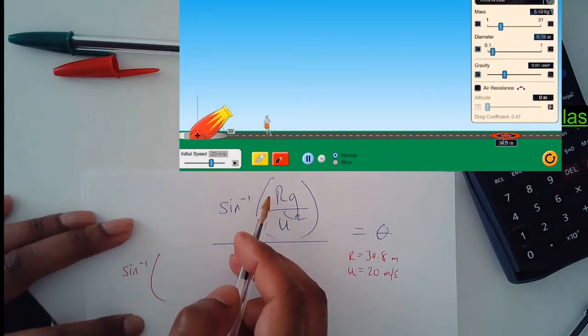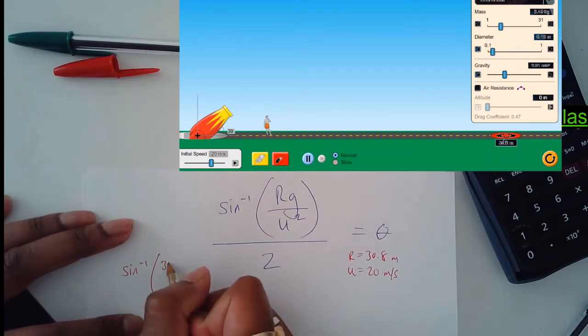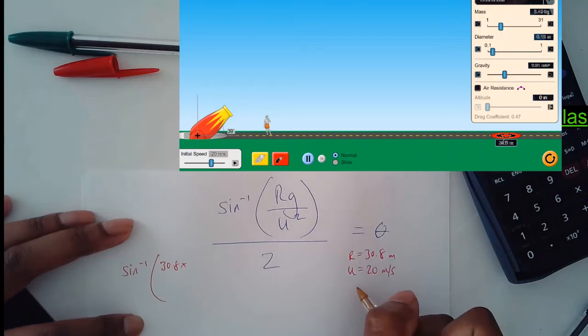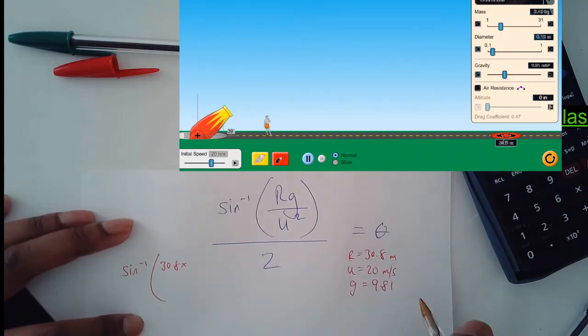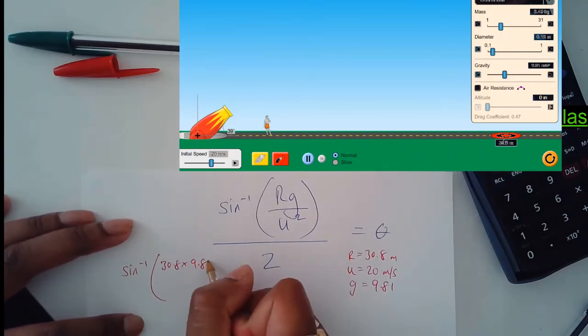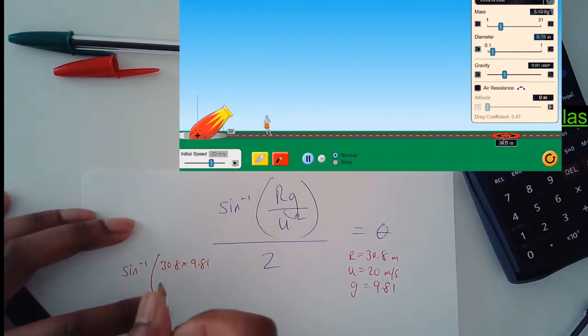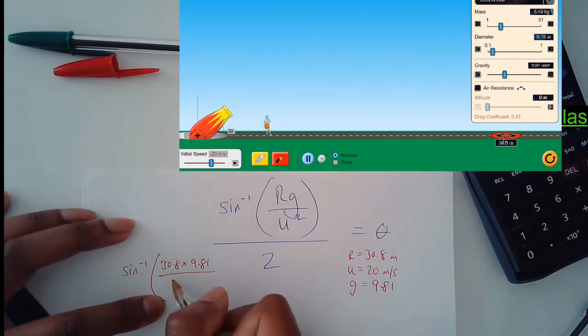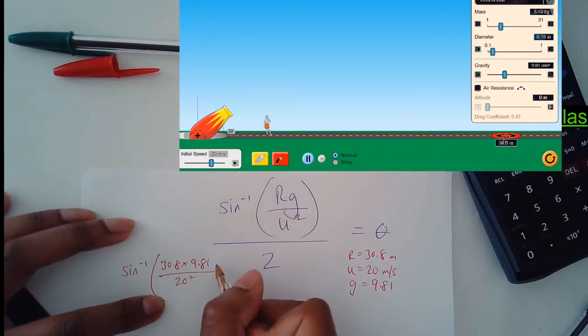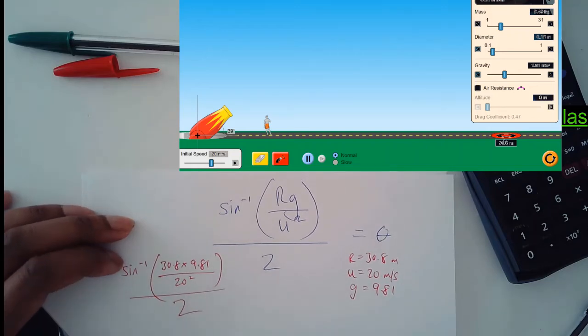R is 30.8. G, this stays fixed. That's the acceleration due to gravity on Earth. U is 20 squared, all divided by 2. That should give me the angle.